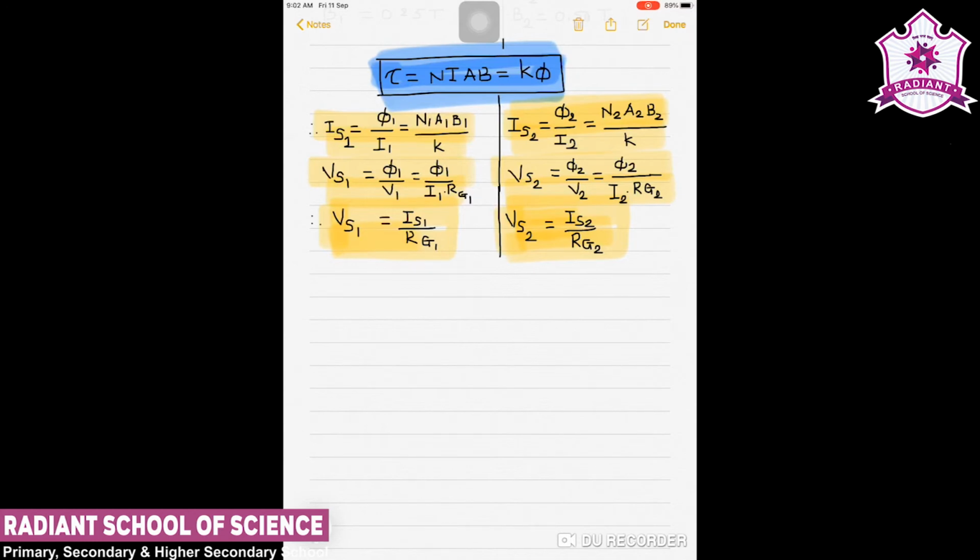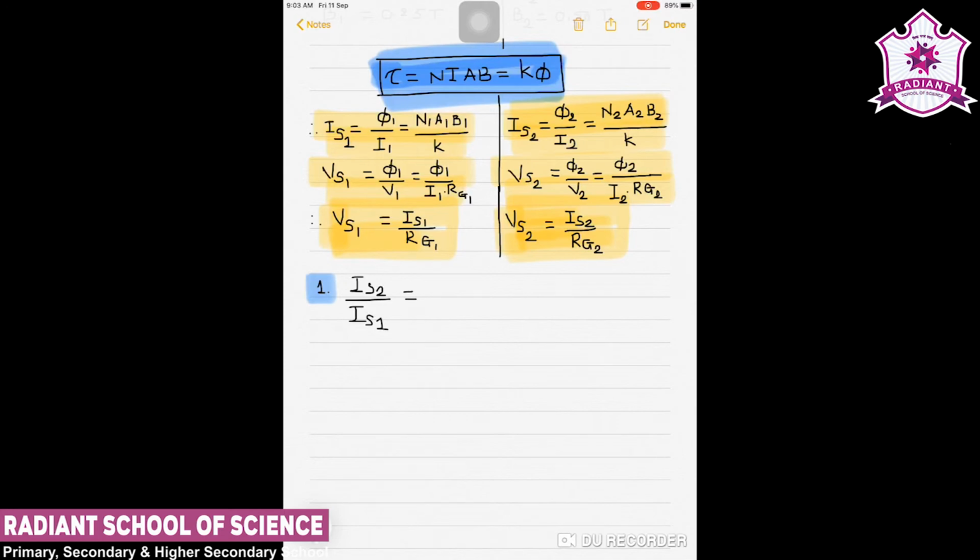So for question number 1, that is IS2 upon IS1. Here I belongs to current, S belongs to sensitivity. So the current sensitivity of galvanometer 2 to the current sensitivity of galvanometer 1.